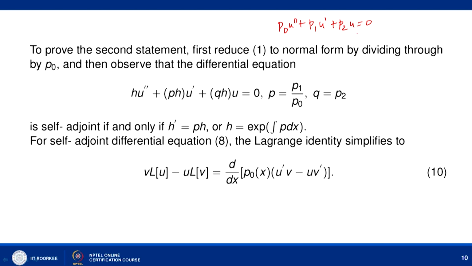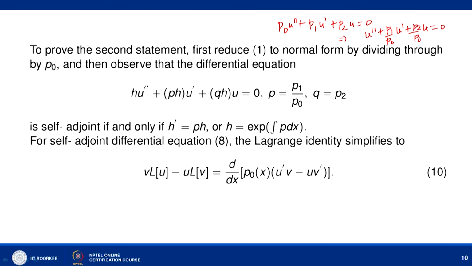Before multiplying, let us assume that P naught is never 0, so we can divide by P naught. When you divide by P naught, we write it as u double dash plus P1 by P naught u dash plus P2 by P naught u equal to 0.